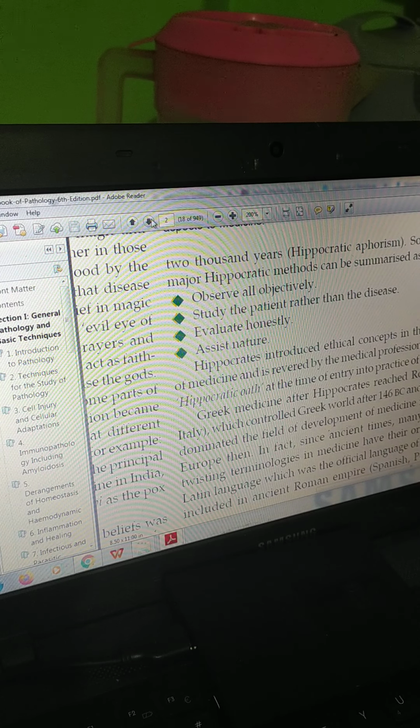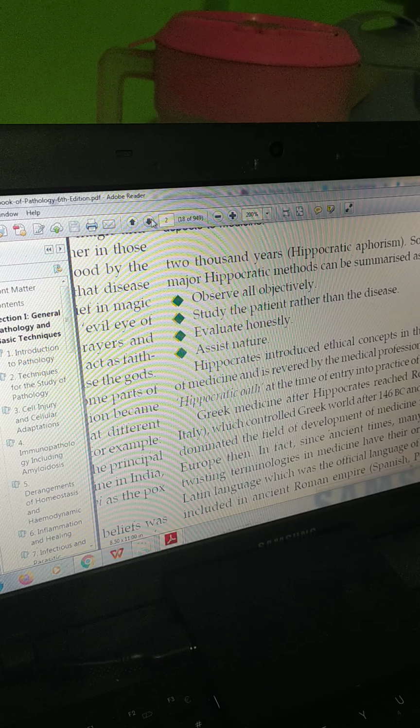Greek medicine, after Hippocrates, reached Rome, now Italy, which controlled the Greek world after 146 BC, and therefore dominated the field of development of medicine in ancient Europe.